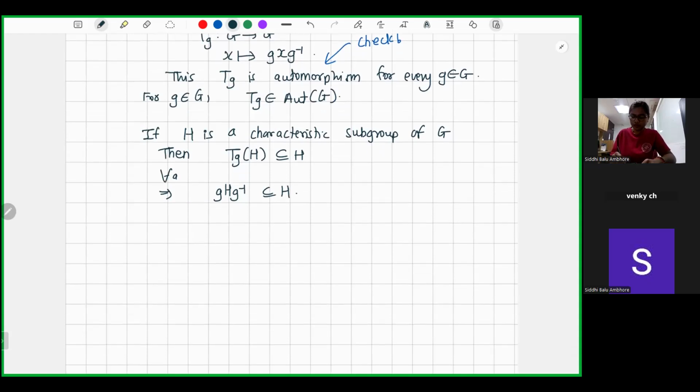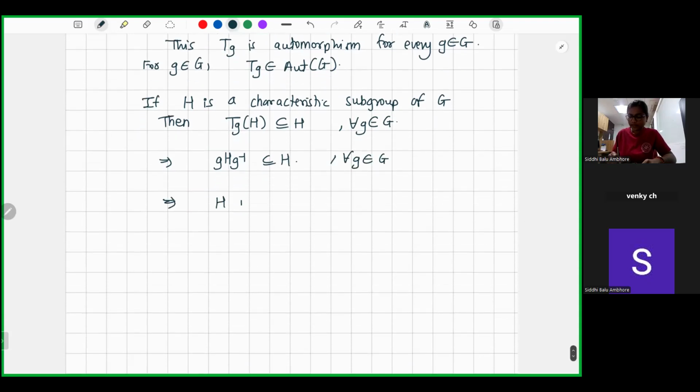So for all g in G, these imply g h g inverse belongs to H for all g in G. And then this will imply that my H is a normal subgroup of G by definition.